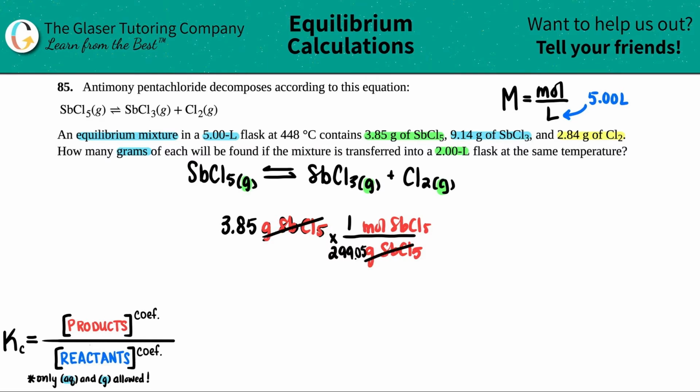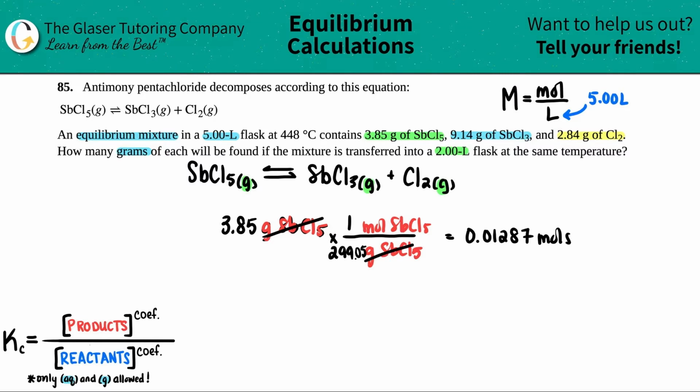Cancel out the grams. Let's see what we get for the moles. 3.85 divided by that number. So I get roughly 0.01287 moles.